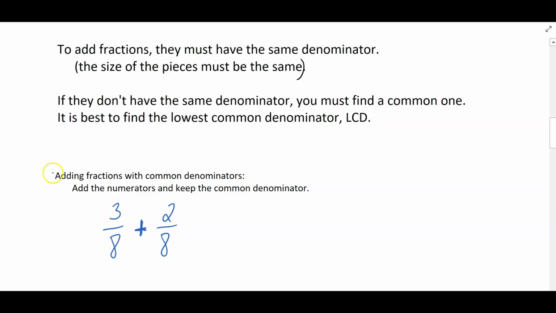Adding fractions with common denominators is very simple. We would keep the same denominator. In this case, it's 8ths because we're adding 3/8 plus 2/8. Keep the same denominator, add the numerator.